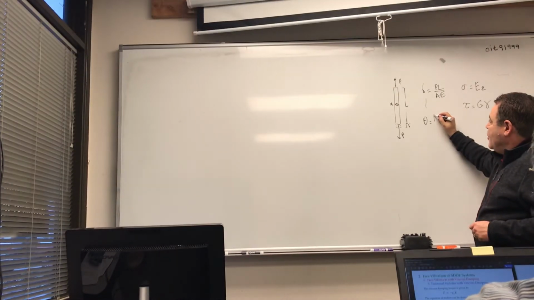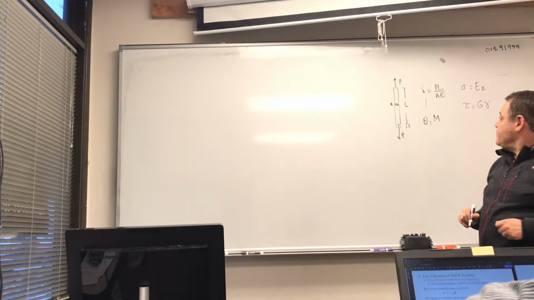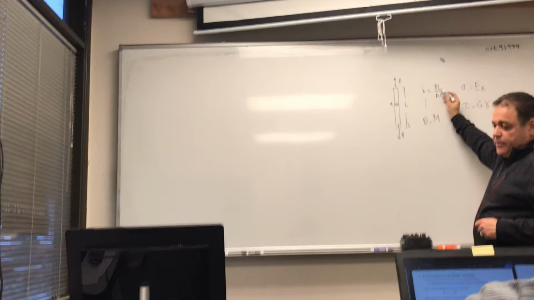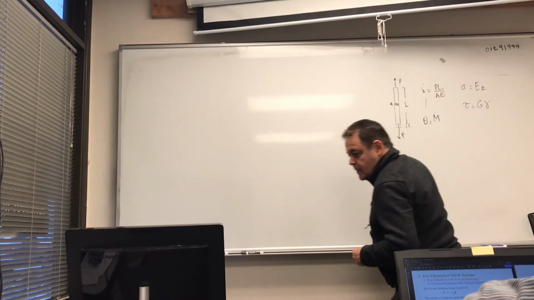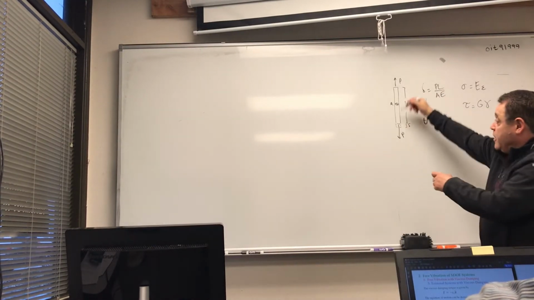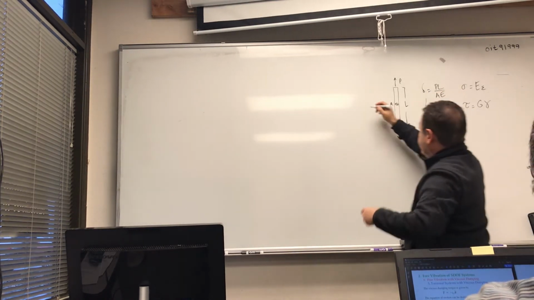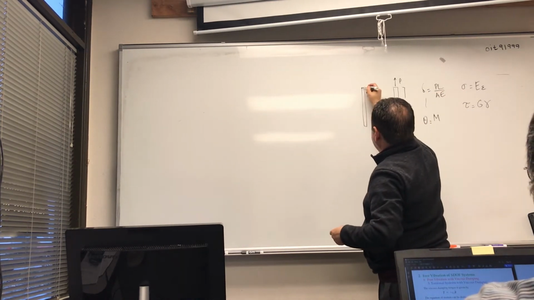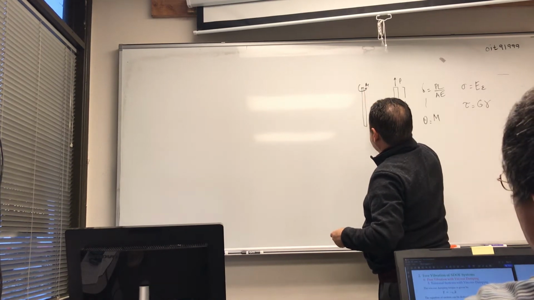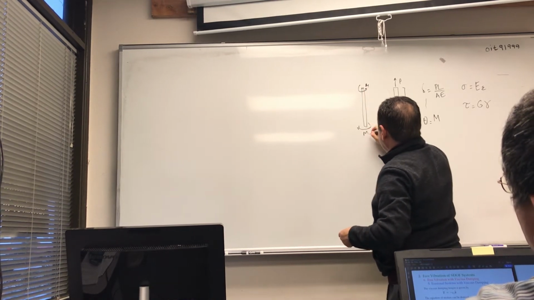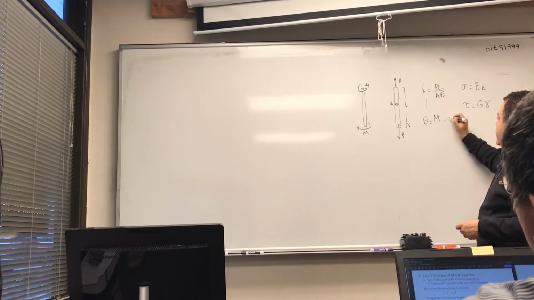Torque, or we call it moment in our case. And the length is the length of the bar, since you're applying a moment here and a moment there. So it's going to be L.